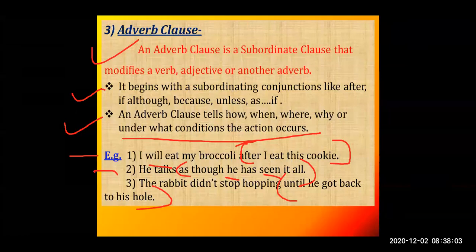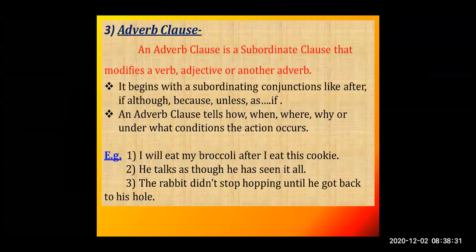An adverb clause is a subordinate clause that modifies a verb, adjective, or another adverb. It begins with subordinating conjunctions like after, if, although, because, unless, as if, and it tells how, when, where, why, or under what condition the action occurs. So here we have completed the dependent clause and its types.